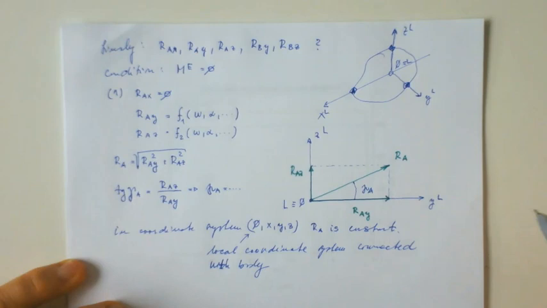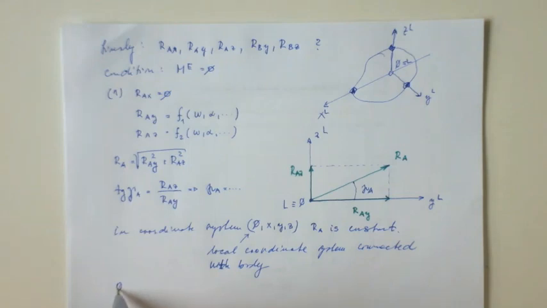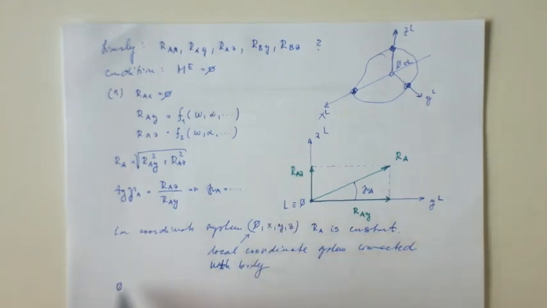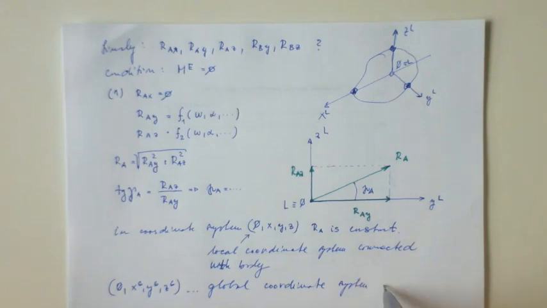But there is also a global coordinate system. So we have system xg, yg, zg. This is the global coordinate system connected with ground.